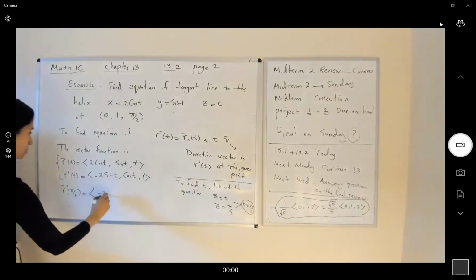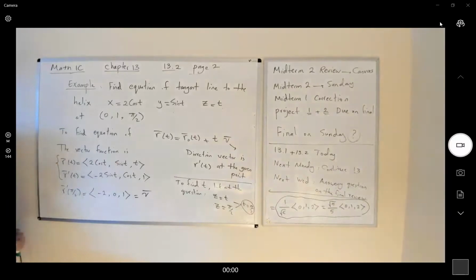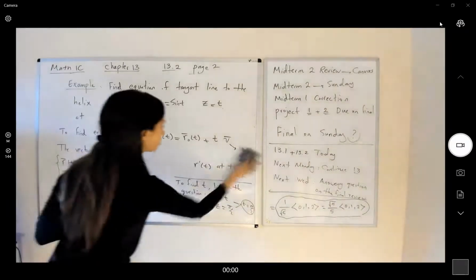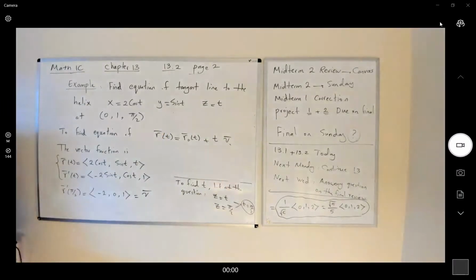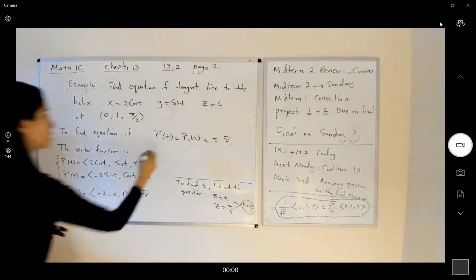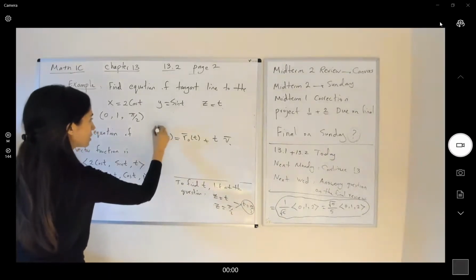We're going to use this to find v. So negative 2, 0, and 1 is my vector. Okay, I'm going to get back to the equation of the line and plug everything down here. So this is the tangent line.